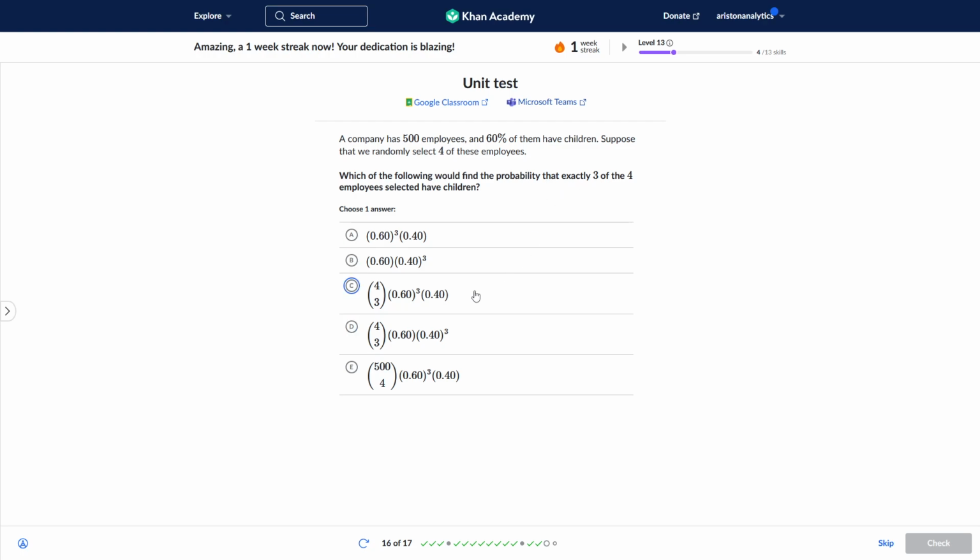Okay. 4 choose 3. 60% of them have children, so that's first, and then, okay. Yeah, that one makes sense. 4 choose 3, 0.6 to the power of 3. Makes sense, because the first 3 have children. One guy does not have children, and then combinations. Okay.